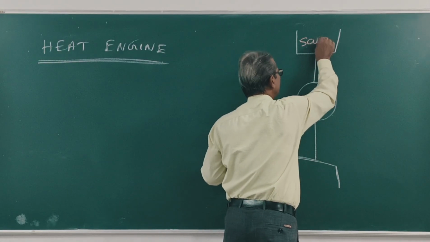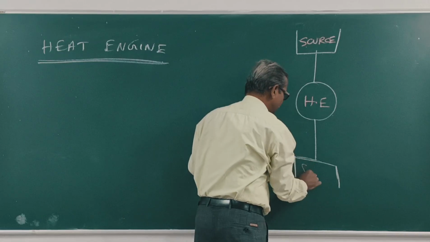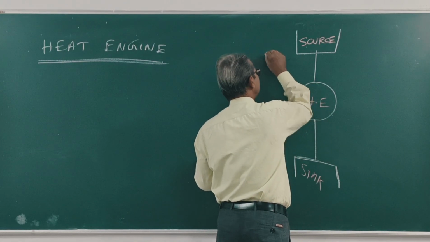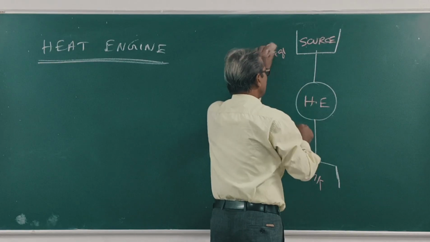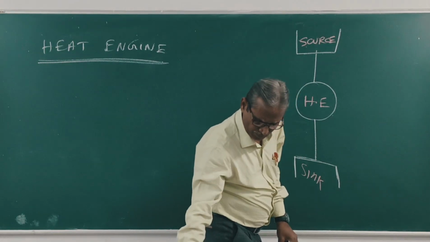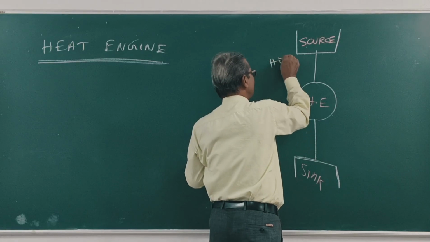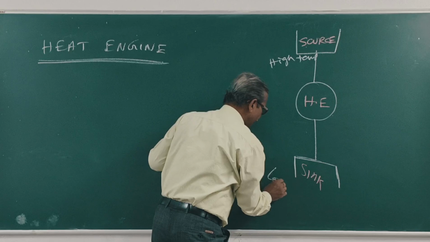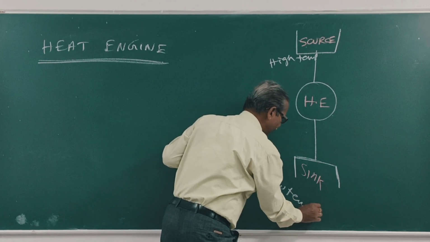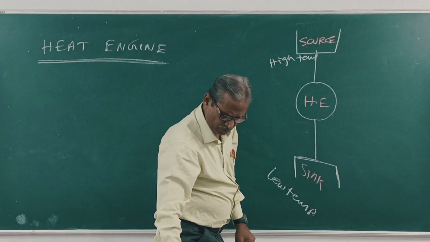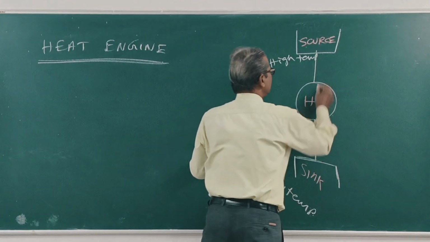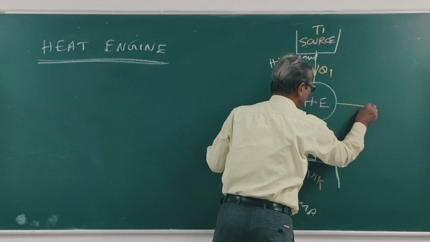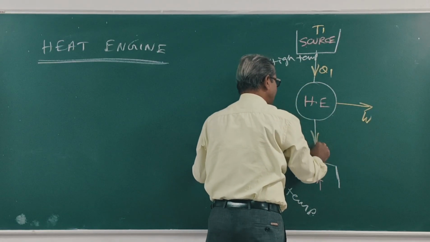Source, sink. Source is high temperature. Sink is low temperature. Clear? So this is T1, heat supplied Q1, doing some work W, and rejected to the sink Q2.